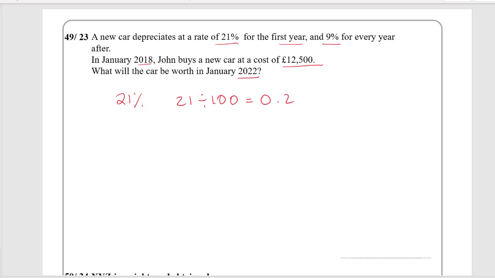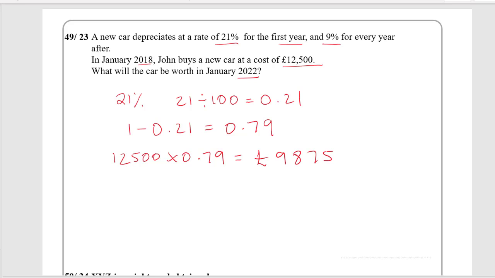That gives me 0.21. I just take this away from 1 because the whole thing is 100% or 1, and that gives me an answer of 0.79. Now if I multiply 12,500 by 0.79, that will give me the value after the depreciation, which is £9,875.